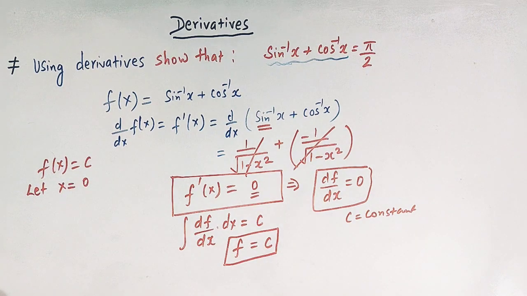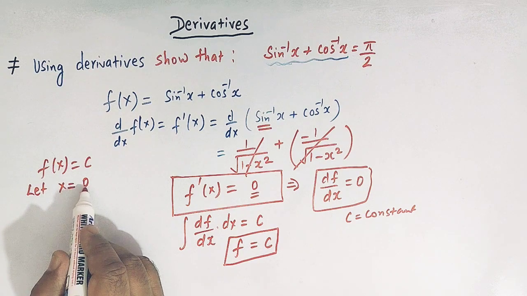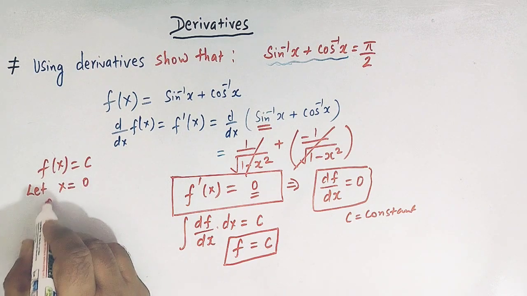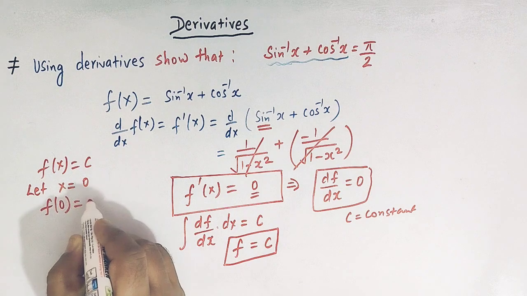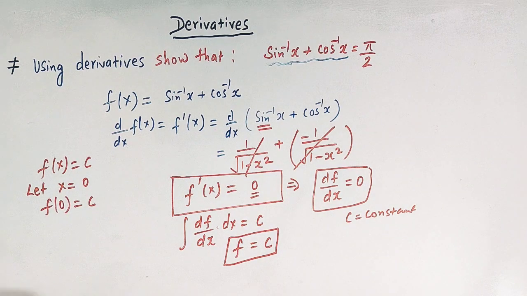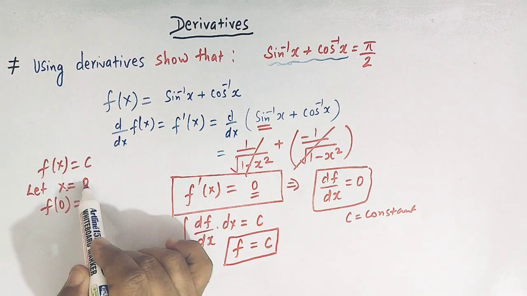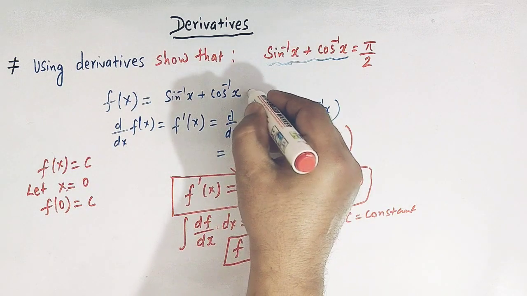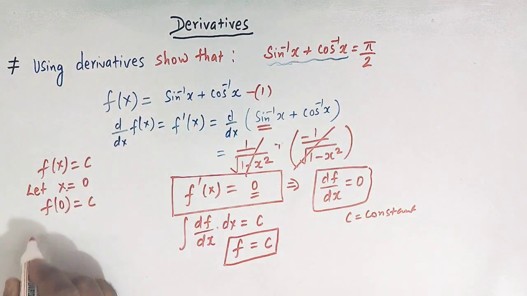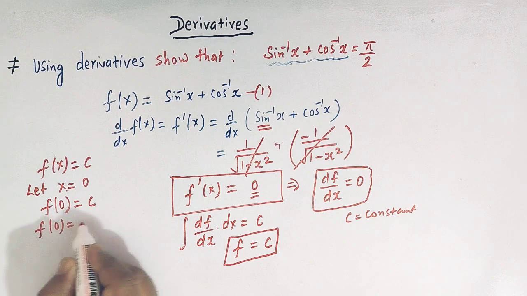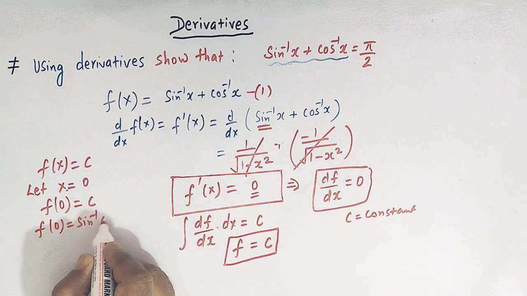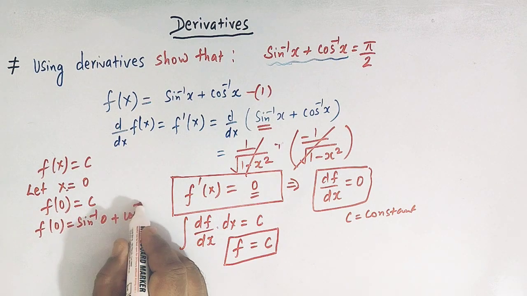To get the value of this constant c, let us take x is equal to 0. Then f of 0 is equal to c. And in this function, f of 0 is equal to sine inverse 0 plus cos inverse 0.